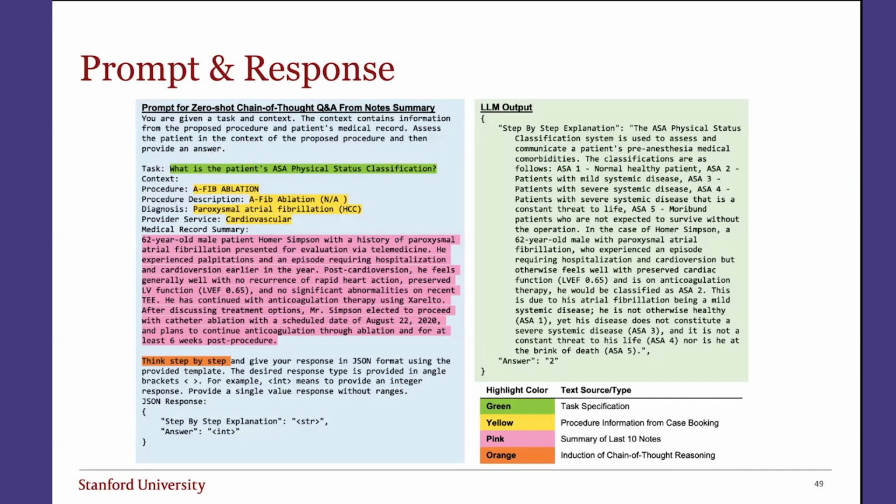It then summarizes the patient and is able to assess how that patient's representation fits into one of the ASA class categories, and then it gives the final answer. So that's kind of cool because this kind of parallels what I would actually do as a clinician, and is much more human-like than what a traditional risk calculator is doing.